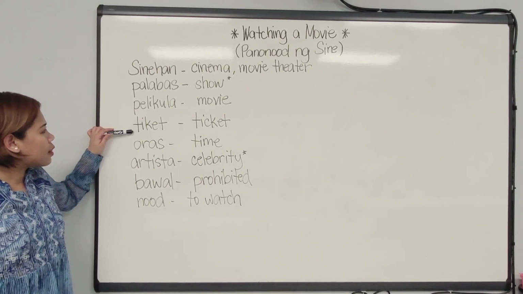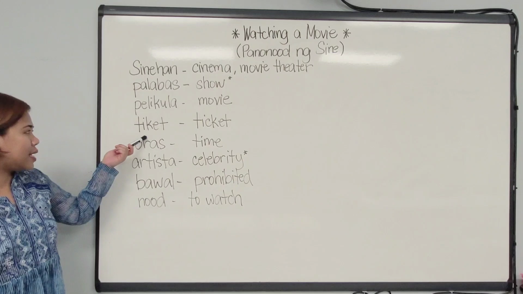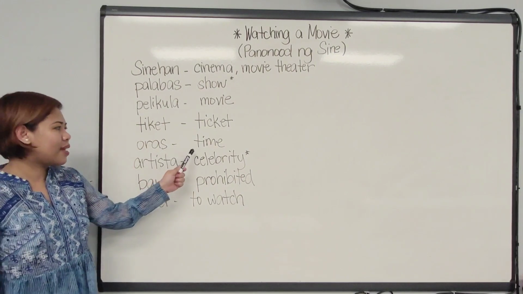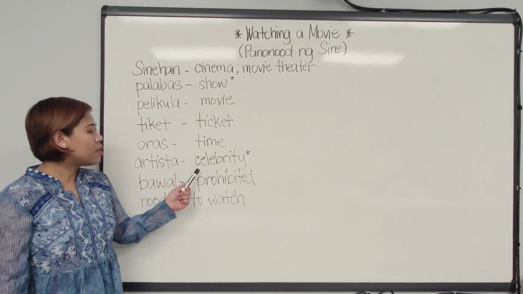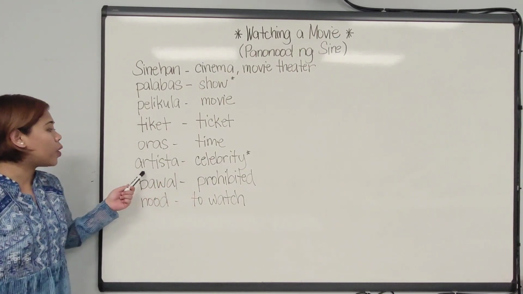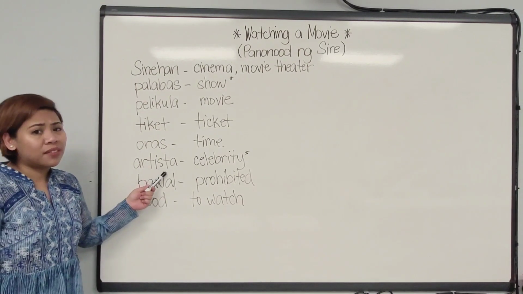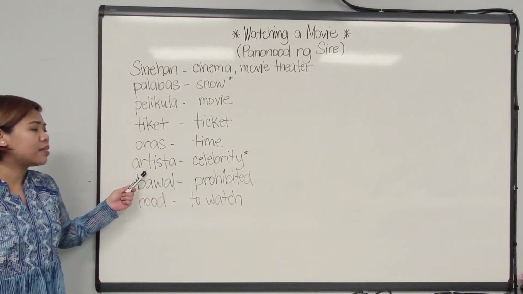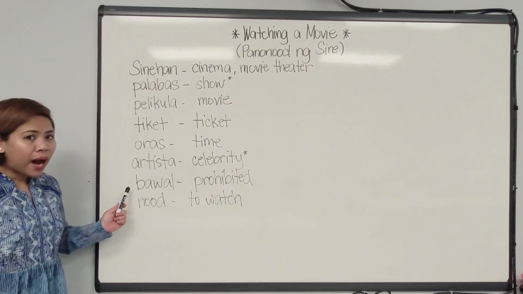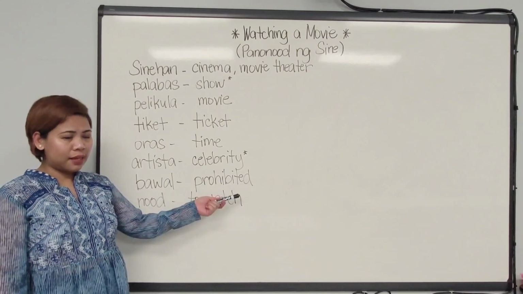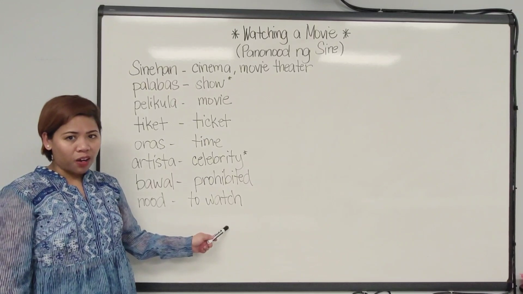Now, ticket is the same in English, ticket, but we spell it without a C. Okay, oras is time. Now, artista actually means celebrity in English, but when we say artista in Filipino, it sounds like artist, right? But in Filipino, when we say artista, we mean actor or actress. Bawal. Bawal means prohibited. And nood, I already mentioned it, means to watch.